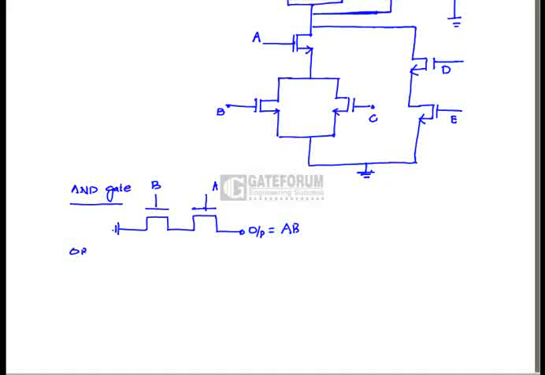For an OR gate, both NMOS transistors are connected in parallel.